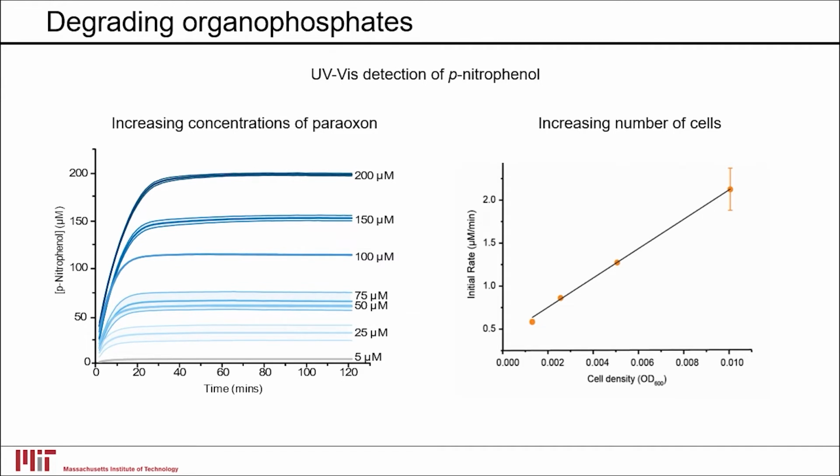Similarly, we can change the rate of this degradation based simply on varying the amount of cells we use. I also do want to note that in both of these cases, the cells are actually freeze-dried. So we are able to take those E. coli, surface express this protein, and then freeze-dry those cells and maintain that enzymatic activity. So we don't have to keep these cells alive in this assay.